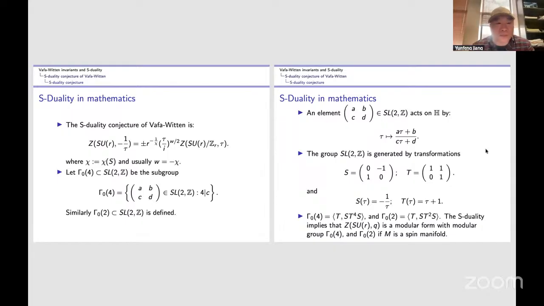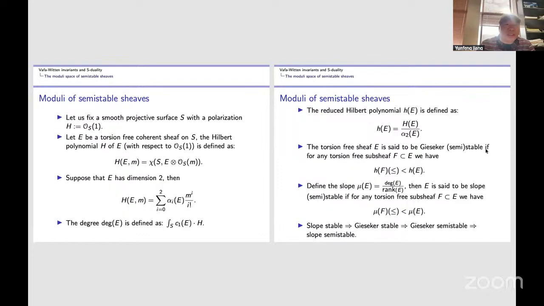At least some mathematicians did a lot of work there. But it turns out that this is probably not the correct definition, only recently.